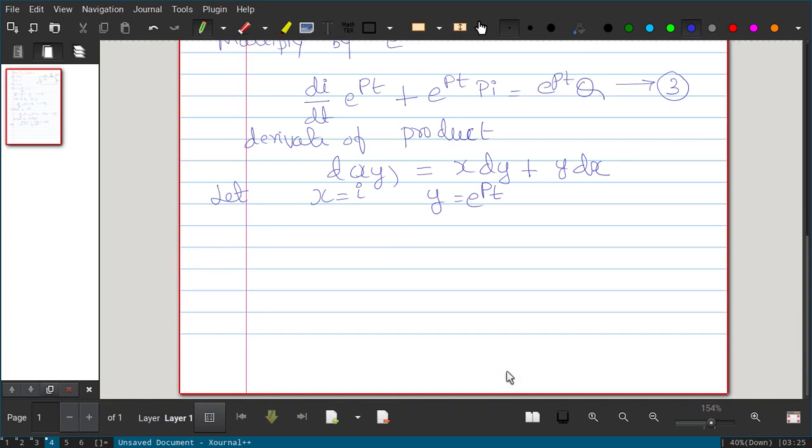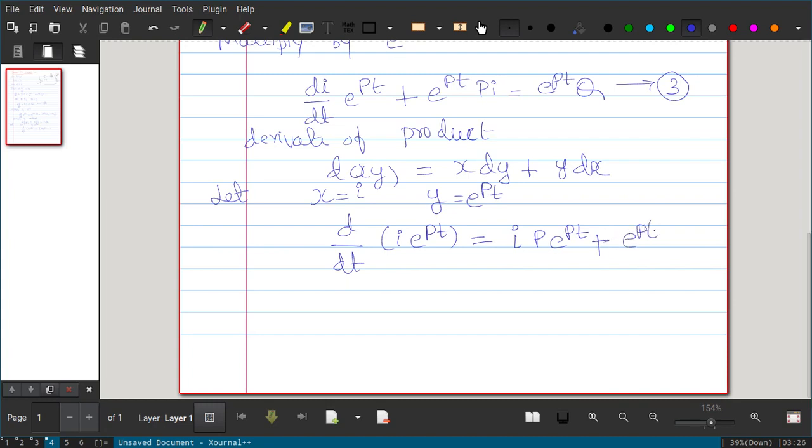So this will be d by dt of i into e power pt. If you apply the derivative of product rule, then this will be i, that is x, into dy. dy is the differentiation of e power pt, that is p into e power pt, plus y, which is e power pt, into x derivative, that is di by dt.